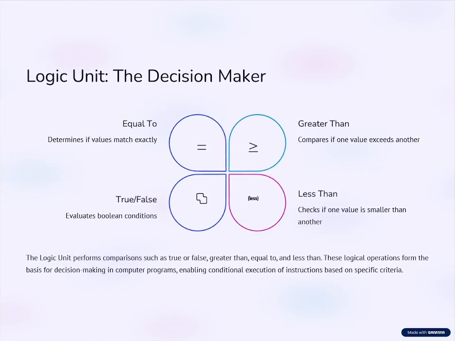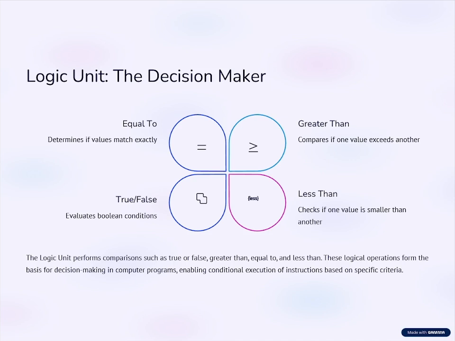Now, the logic unit, this is where reasoning occurs. The logic unit, or the decision making unit, helps in decision making. Equal to will determine if a value matches exactly what is there. Greater than will compare whether a value exceeds another one.